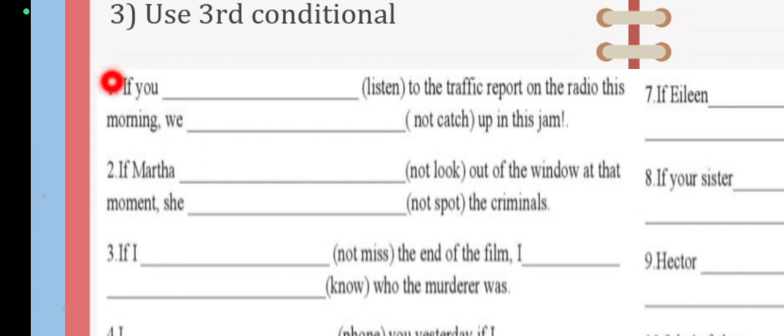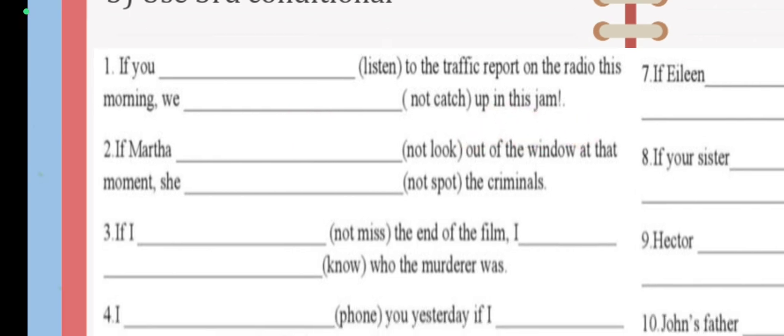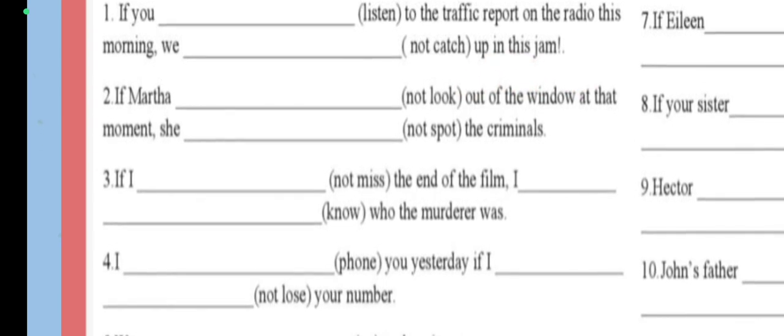For example, if you had listened to the traffic report on the radio this morning, we would have, or well, here we have negative, so we wouldn't have caught up in this jam.